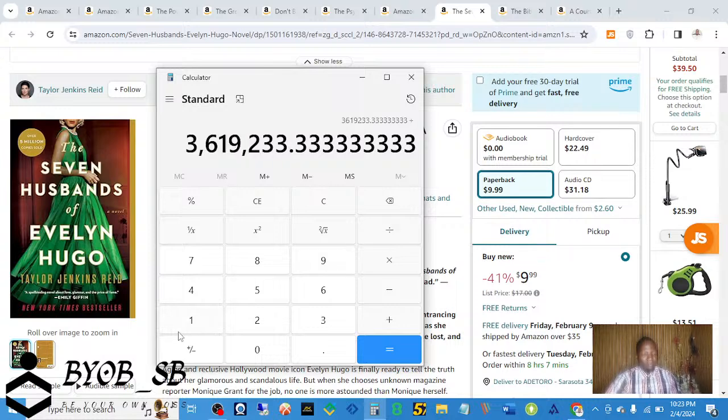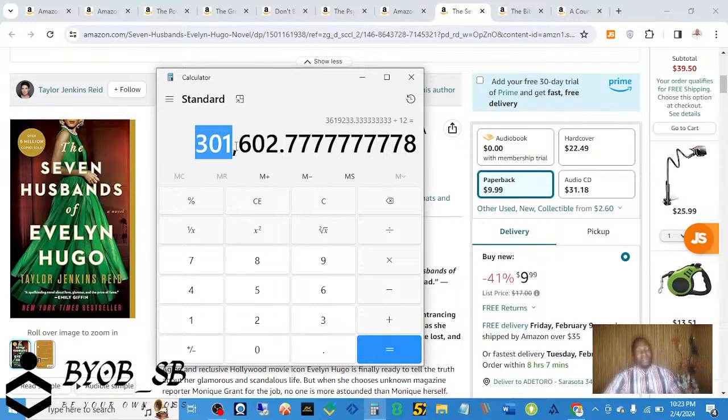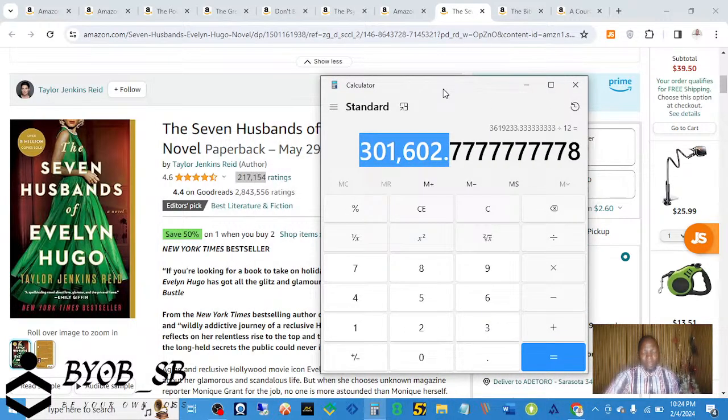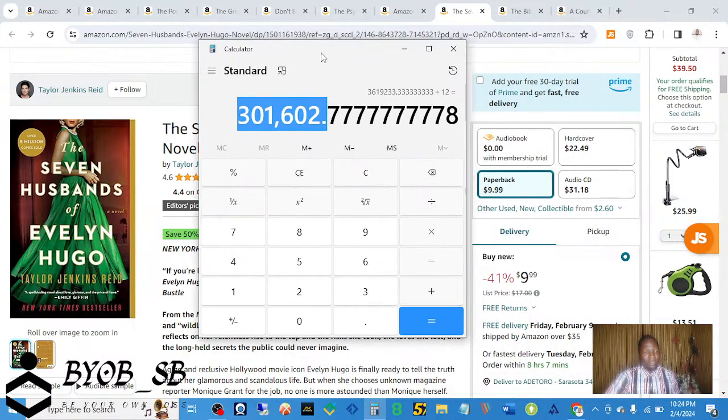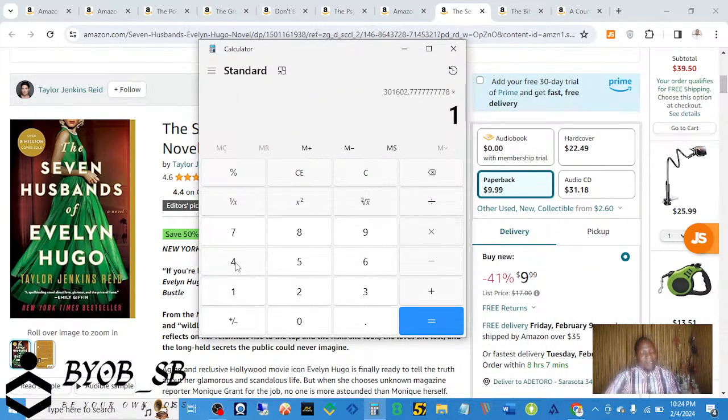Now divided by 12. So it's making an average of $301,602 on a monthly basis on this single book alone. Now, if I convert this into my own country's currency, let me convert it and see.